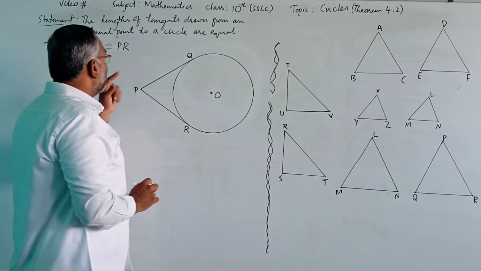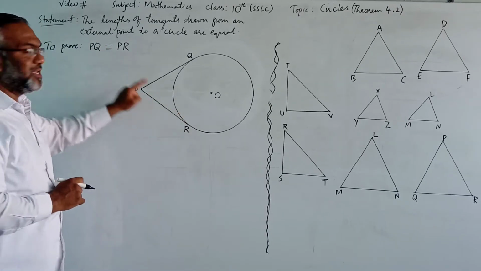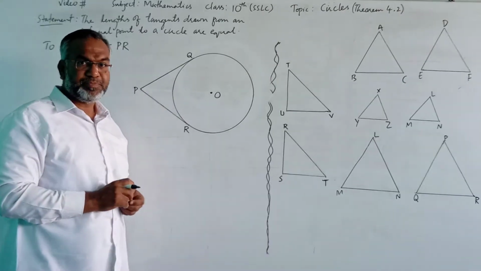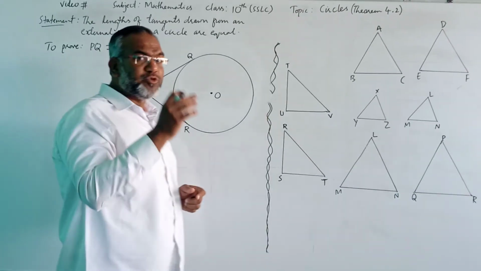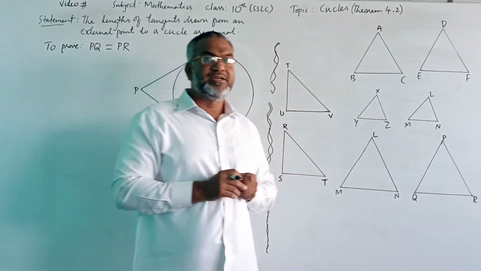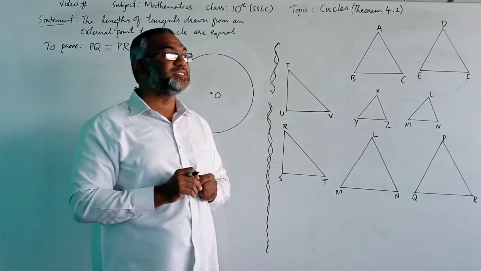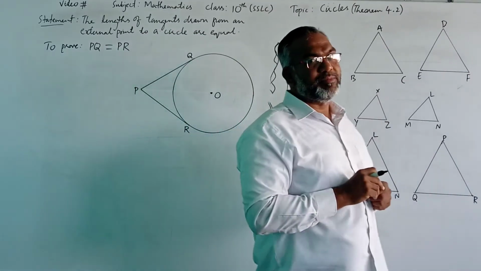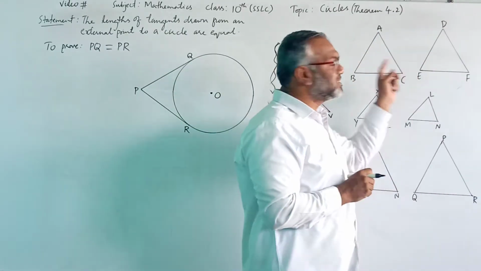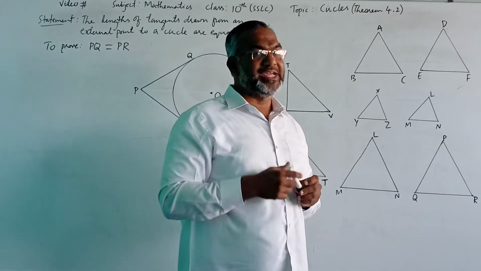Okay. Now, our theorem says these two tangents are equal and we have to prove PQ is equal to PR. To prove this, we have to understand what we studied in 8th standard, that is congruency of triangles. I think you remember in 8th standard you have already studied that congruency of triangles is based on four postulates.